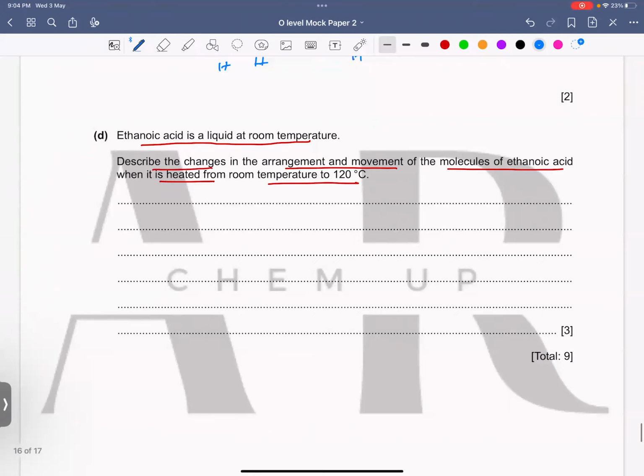So, as temperature increases, molecules move faster. Further, they are further apart, right?